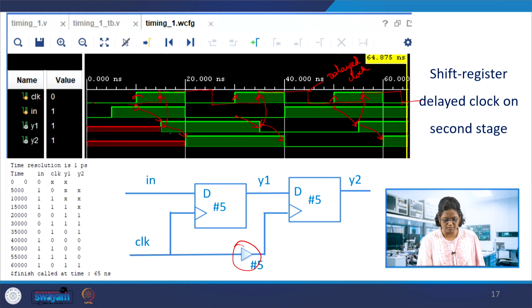The assignment is 5 units delayed, in the sense that it should be looking at the delayed clock. So this is the case of sequential execution with intra assignment delay, with blocking assignments.